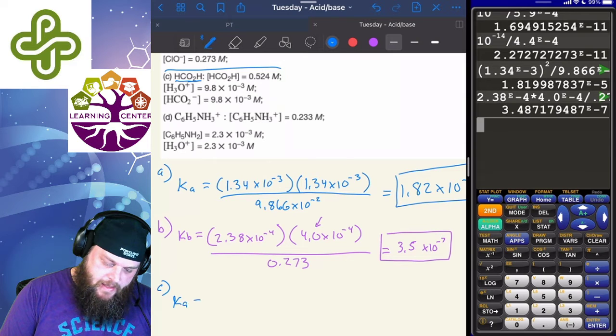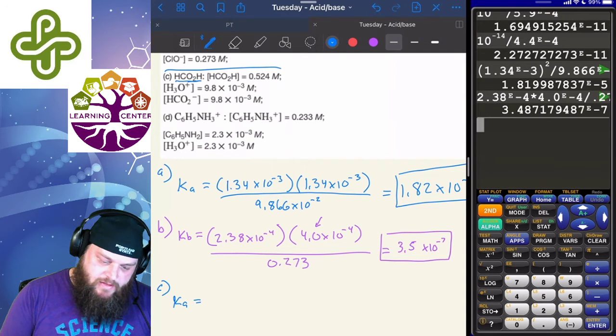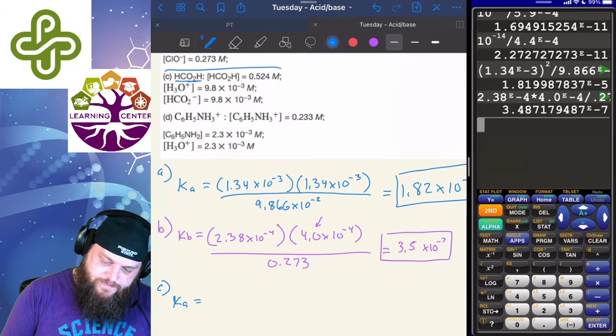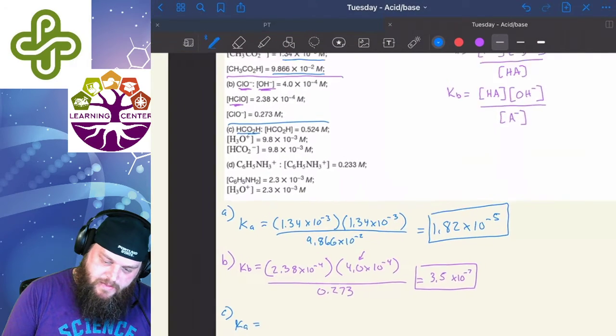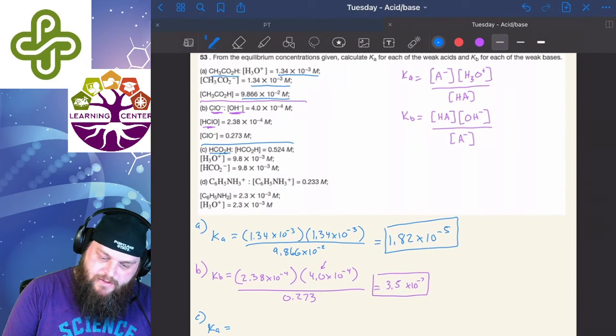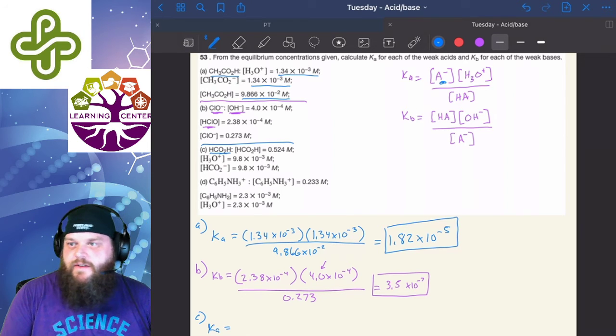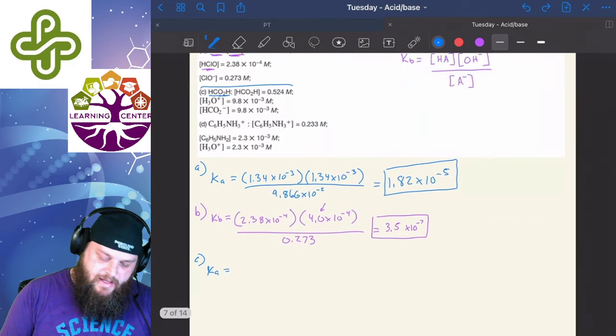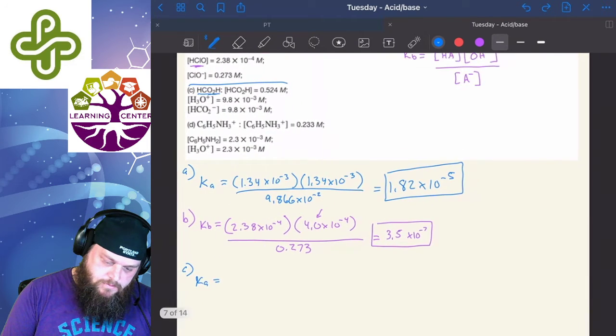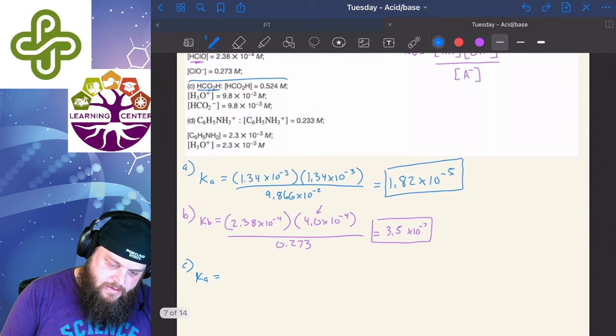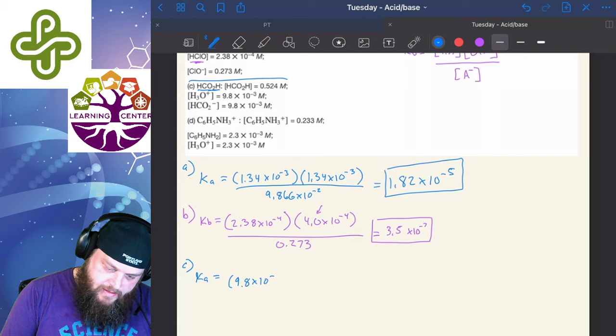That Ka is going to equal the concentration of its base times the concentration of hydronium divided by the concentration of the acid. So the concentration of the base is 9.8 times 10 to the negative 3.